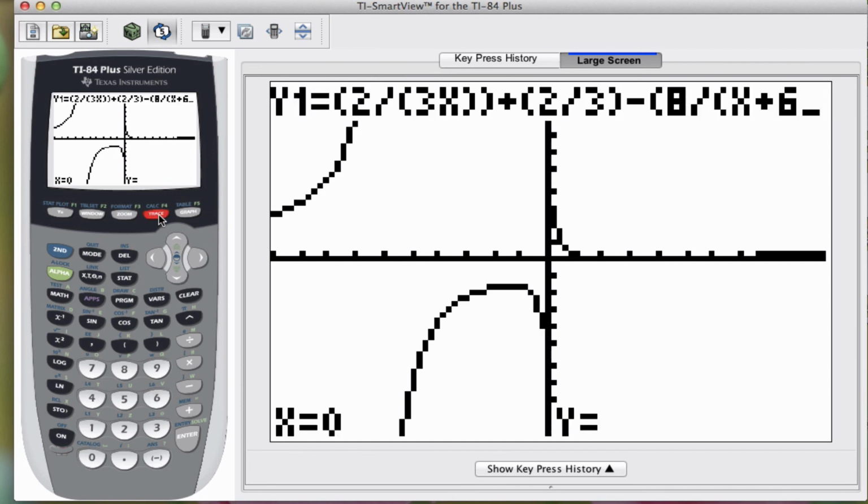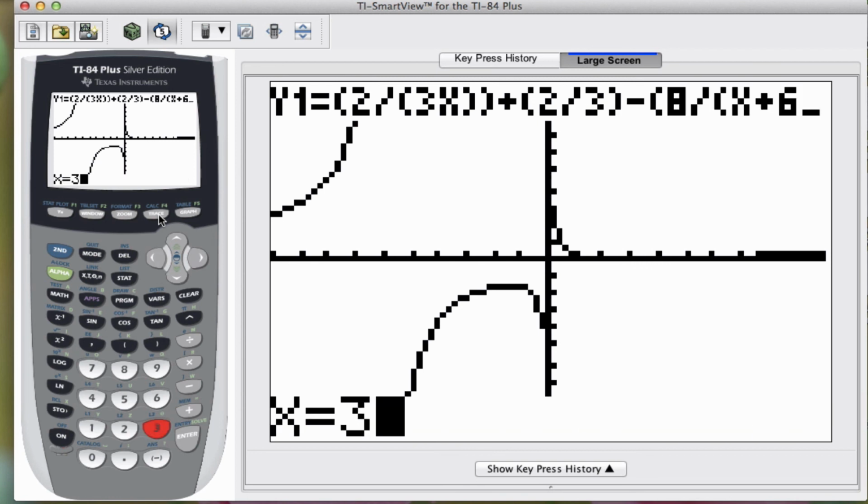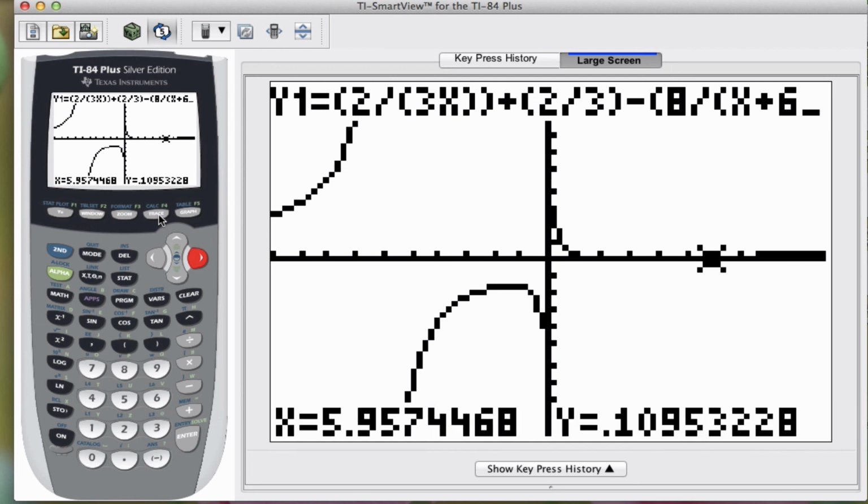When I press trace and enter 2, it tells me it's at 0. And then if I keep going to the right, notice that it looks like it's close to 0, but it's actually underneath. Okay, it's not until we hit 3 that it actually hits 0 again, and then it goes above the y-axis. So that's why those are our 2 solutions on this particular problem.